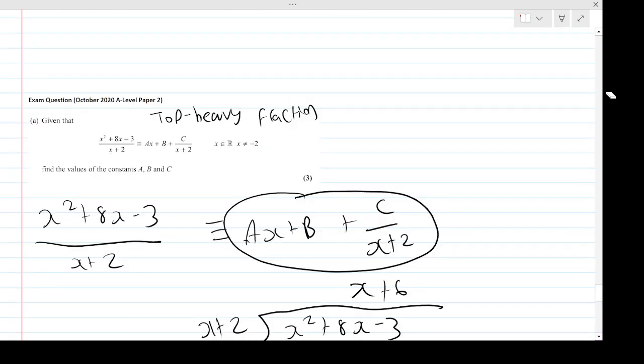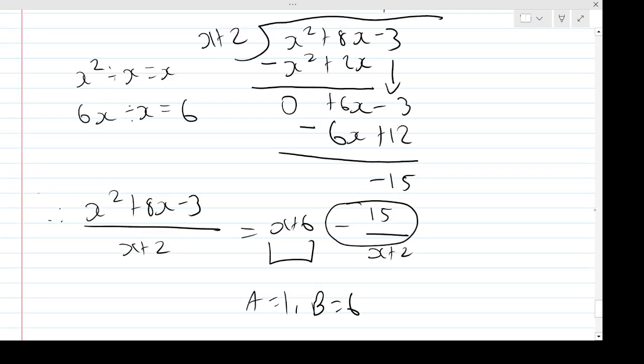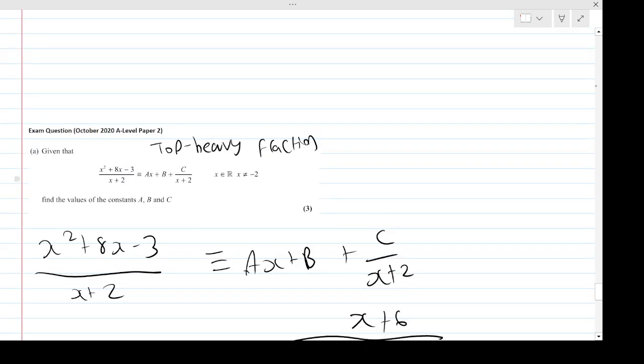And then it also has plus c, a number c, over x plus 2. Well, here I have minus 15 over x plus 2. So c would be minus 15 there. And there we are then. So we wrote it in that form. We found the missing values a and b and c. And so there we are.